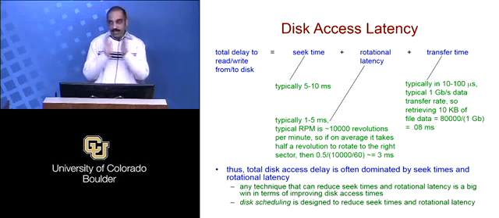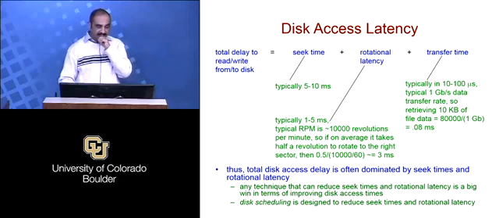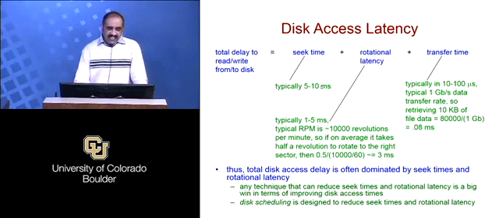Seek time is typically about 5 to 10 milliseconds. Rotational latency can vary from 1 to 5 milliseconds. Transfer time is in microseconds. So if you want to minimize your latency, you have to really work on the seek time and the rotational latency, because the transfer time is very small, so you don't have to worry too much about it. Is that clear?